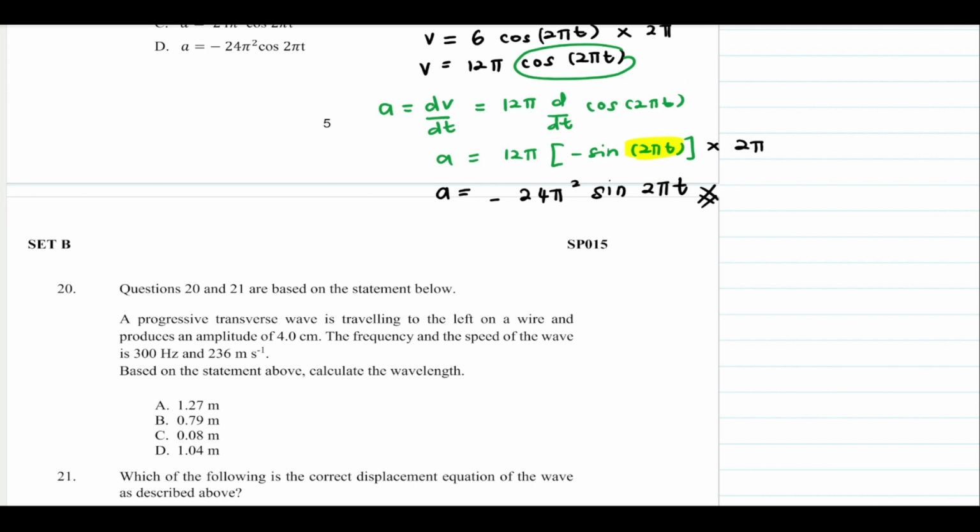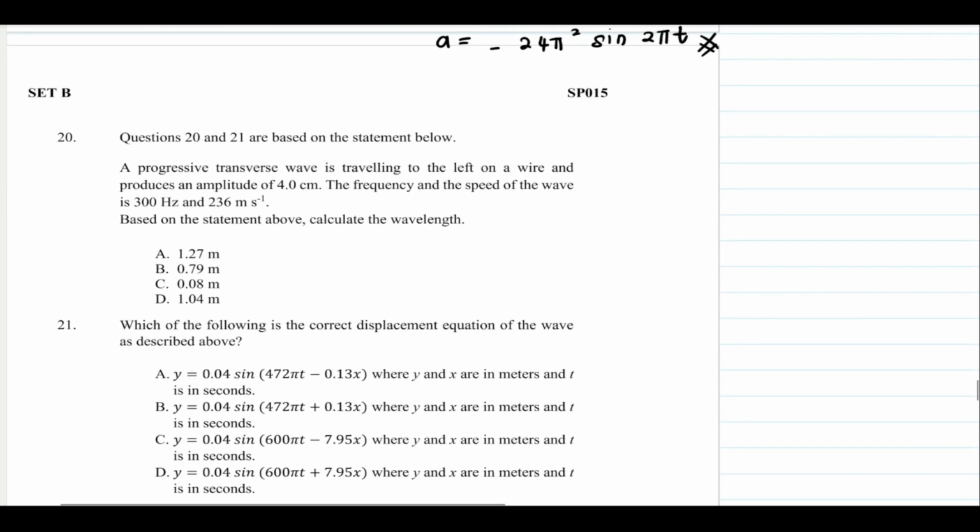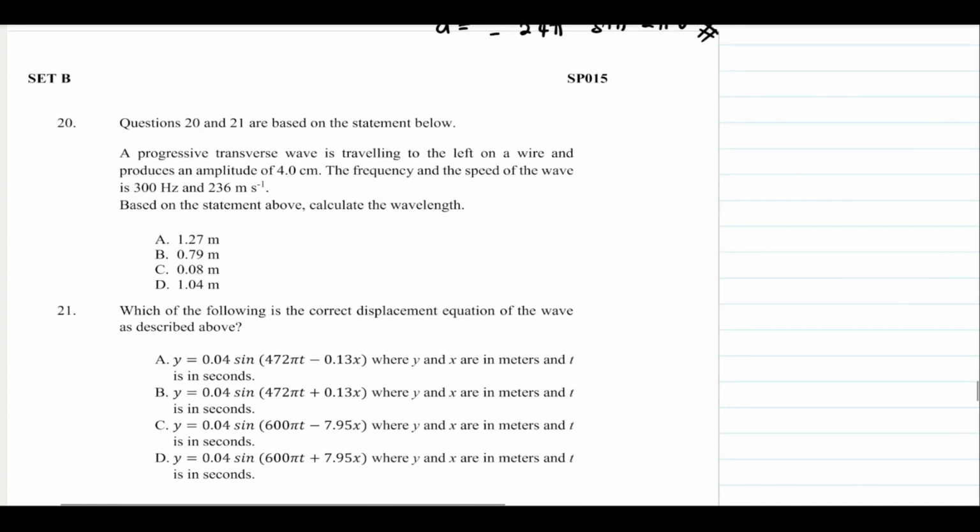Alright, so kita buat sampai question 21 lah. Okay, sebab question 20 and 21 are based on the statement below. So here we have the progressive wave, okay, and it's travelling to the left. Bila travelling to the left, nanti dalam you punya equation mesti positif.